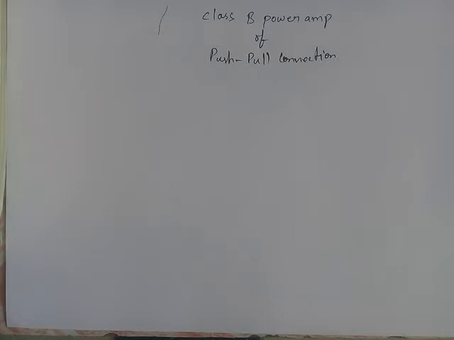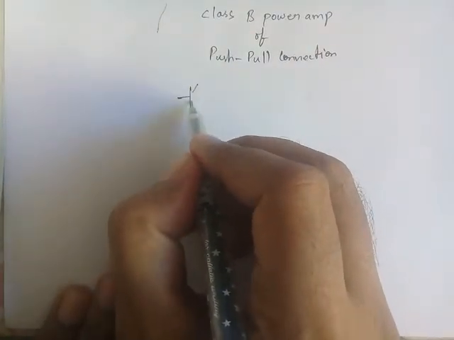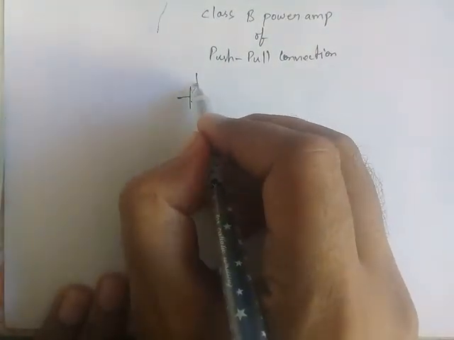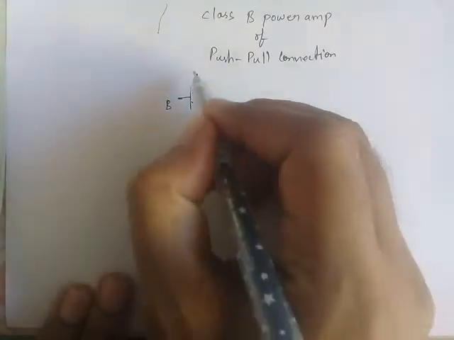So again we have to recall some of the basics related to the transistor. The symbolic representation of an NPN transistor will be represented in this form. Yes or no? NPN transistor, that is base, emitter and collector.